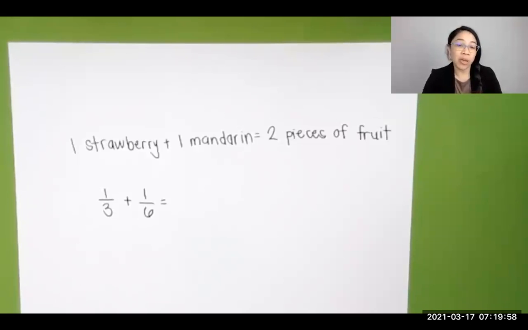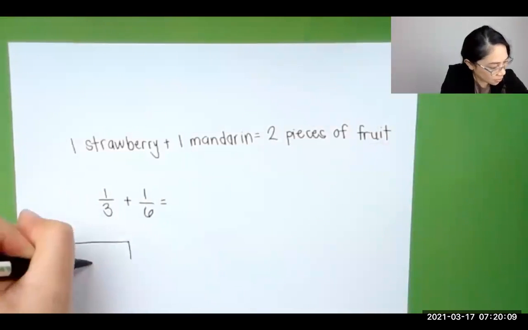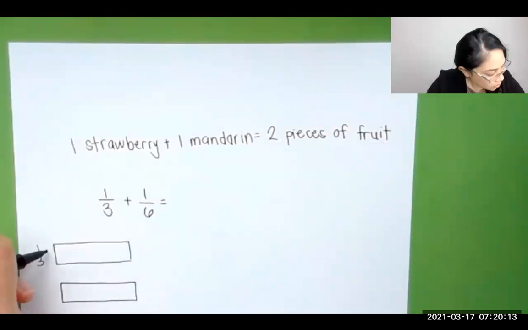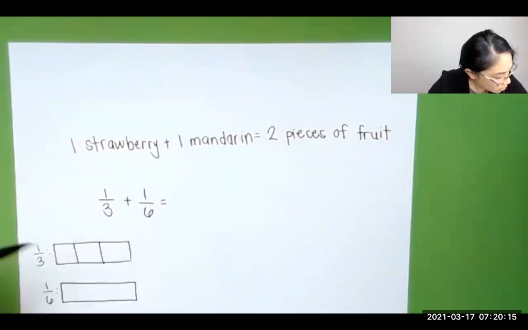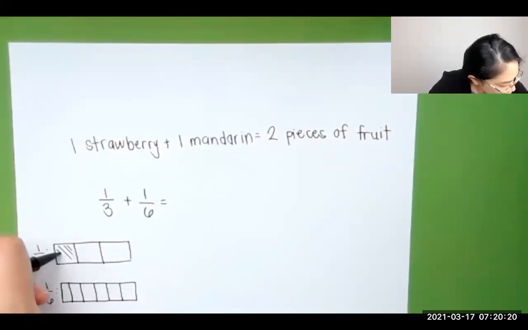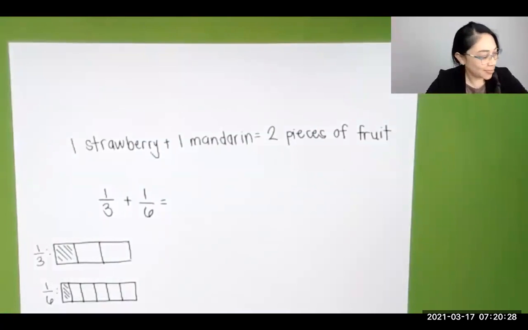We can do this by drawing a tape diagram to represent 1/3 and another to represent 1/6. Next, we can decompose each third into 2 equal parts.